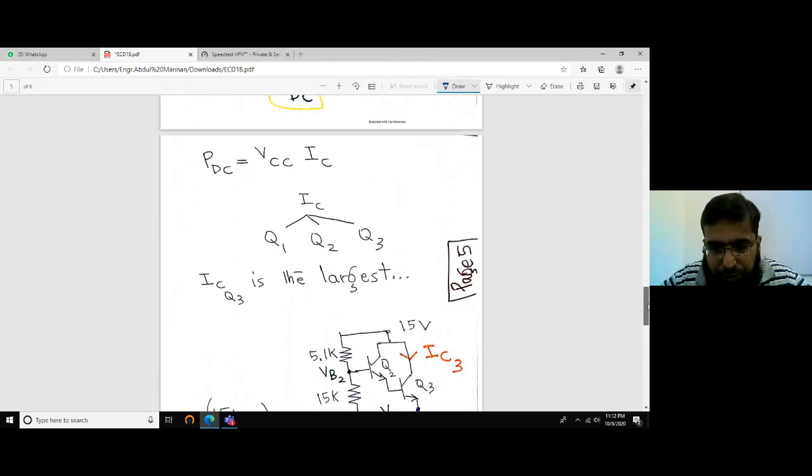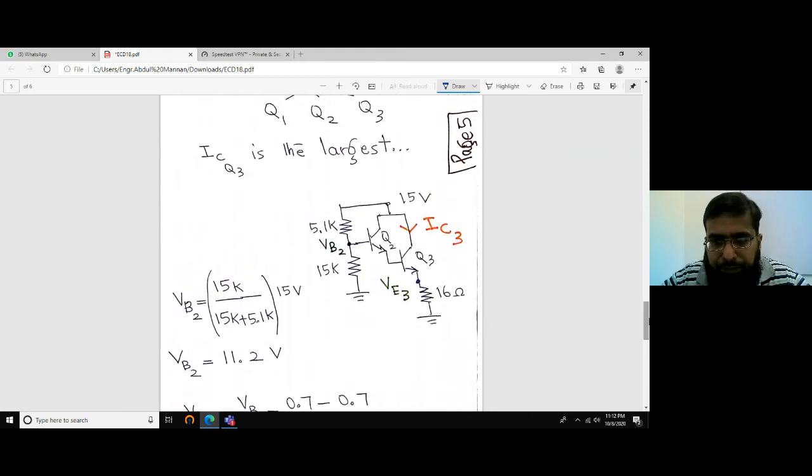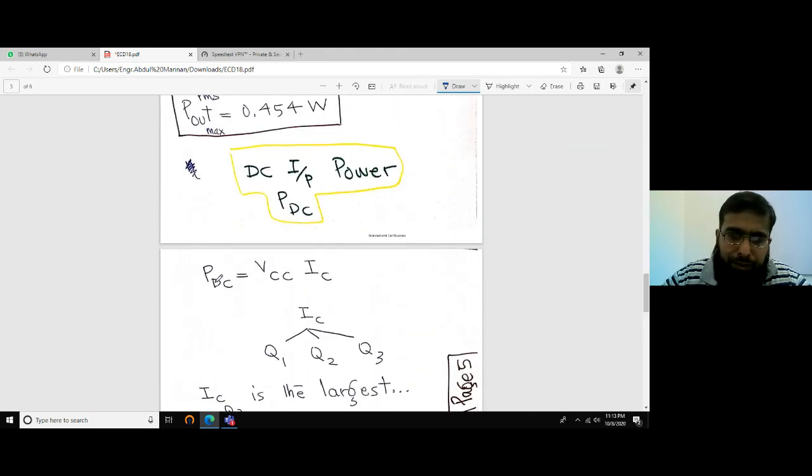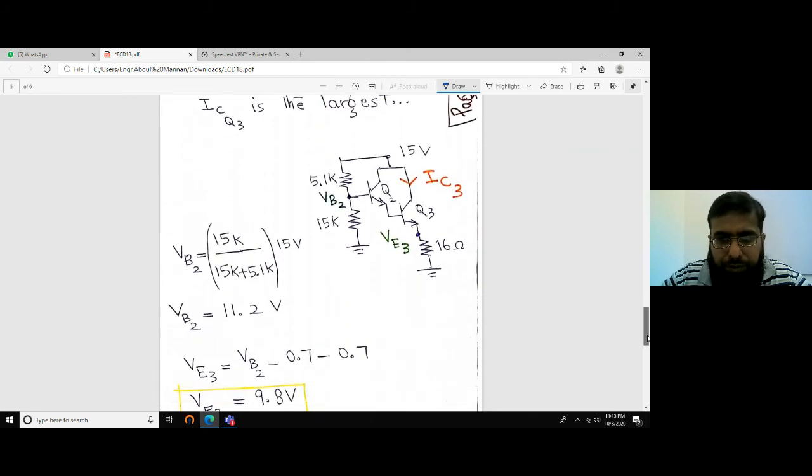I have drawn a part of this circuit again here. This is the current we are looking for. How do we find its value? If we find this value IC3, which is approximately equal to IC, we'll put that in to find PDC. For that we have to do a little background work.